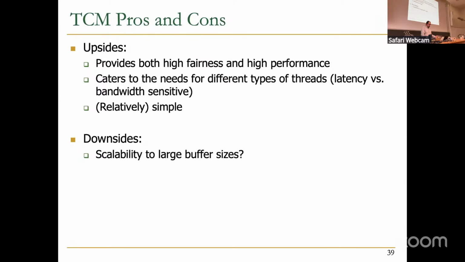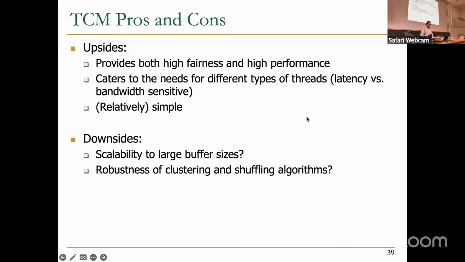However, the scalability of this technique to large buffer sizes is questionable. And there is the robustness of the clustering and shuffling algorithms, as we already discussed, because you learn from the previous quantum and then use it. There might be applications that change phases, and you cluster one thread as a non-intensive thread, but that thread happens to change phase.